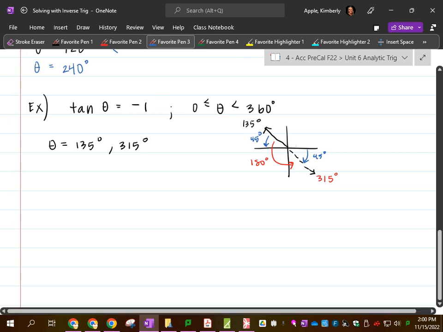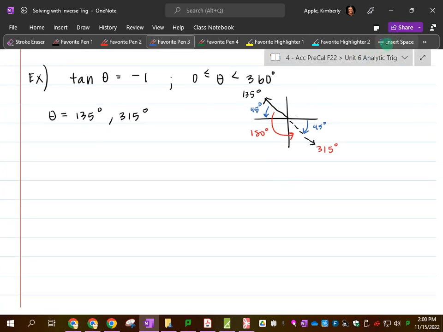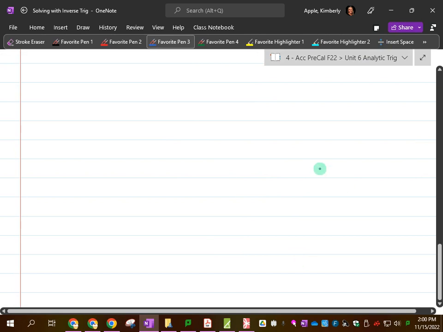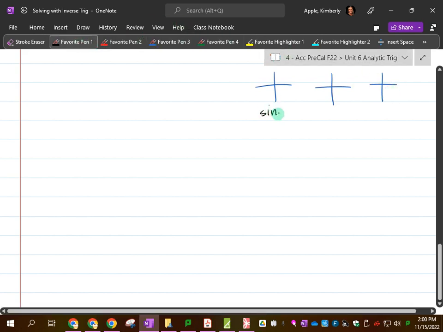Okay, so now that we've seen this for values that are nice, let's look at some not nice values and let's remember. Let's see if we can remember sine, cosine, and the patterns for these.